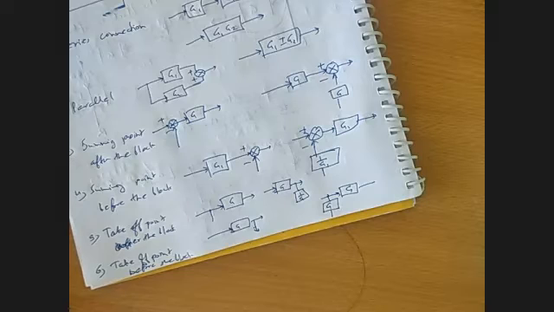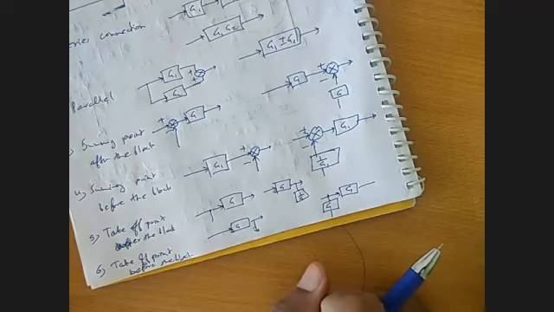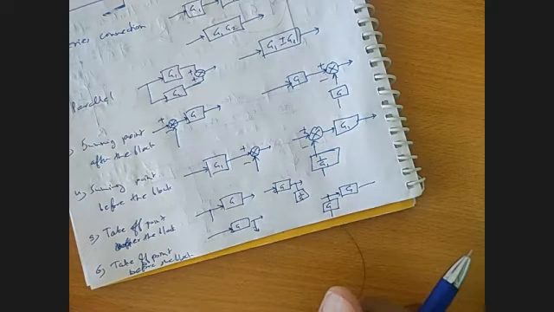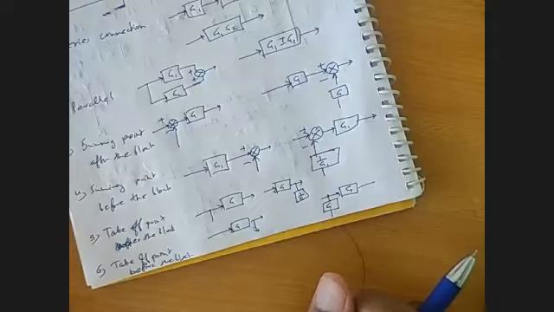So these are the basic properties whenever we are using a block diagram to find out a single block which represents the total system.